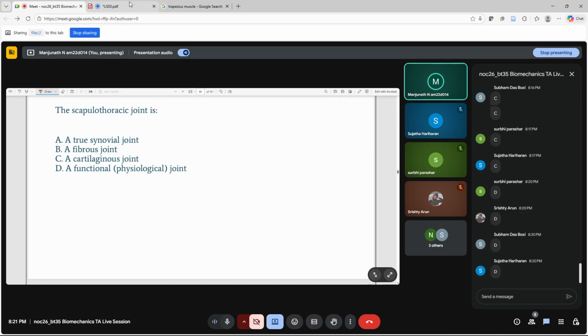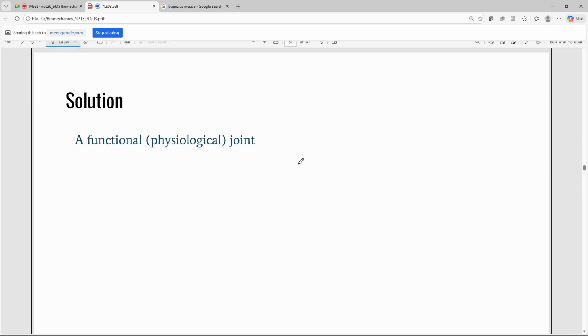Yes, it's a functional joint. It's not a true joint.